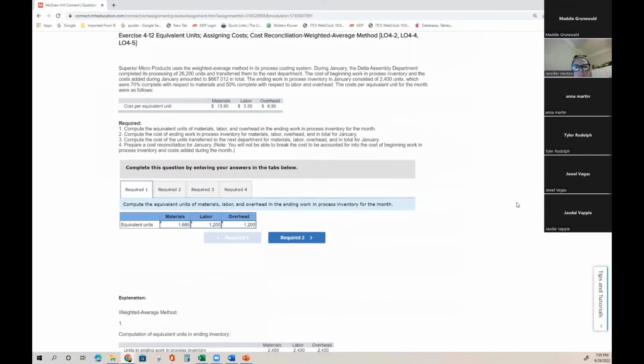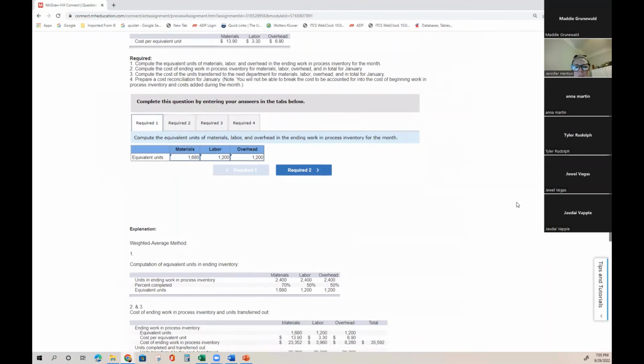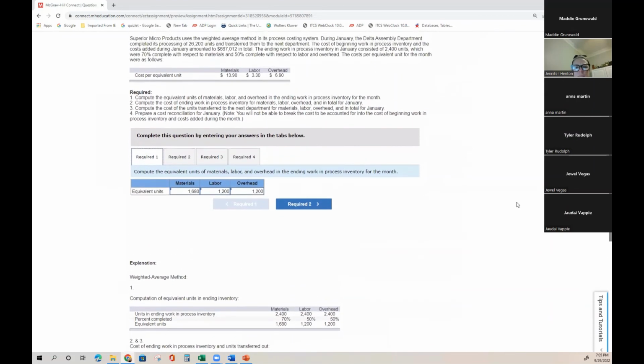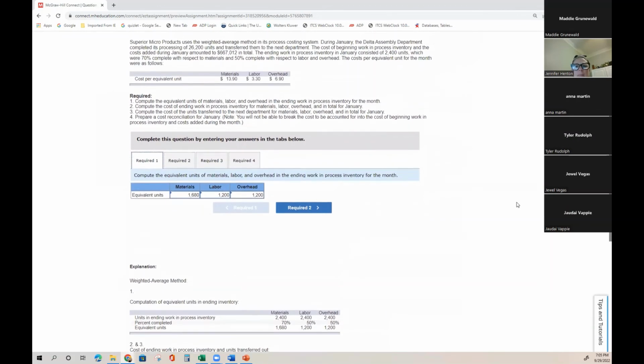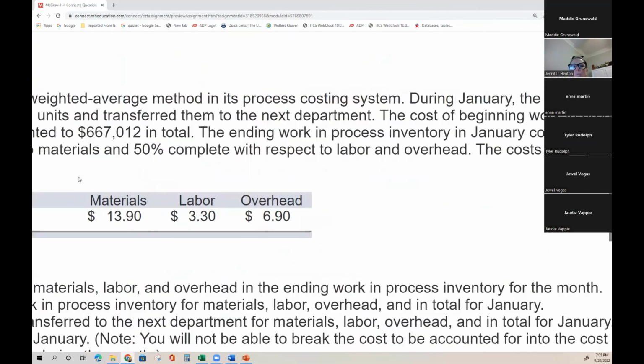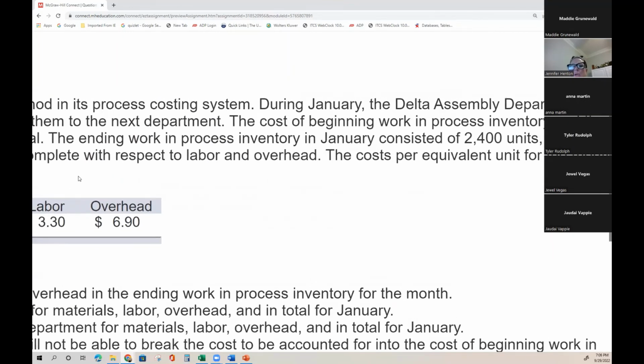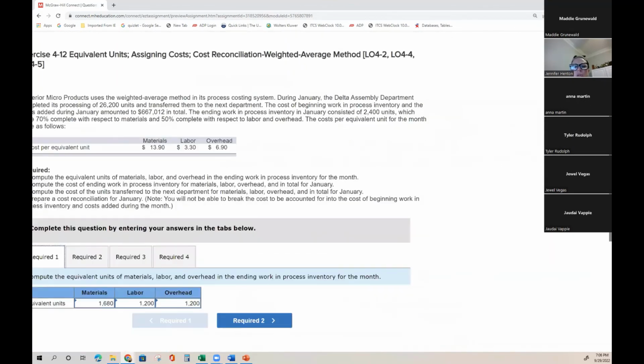So let me see if I can get this. I guess I can hide that part. All right, so how many units did it tell us it consisted of in the ending work in process? Well, right here, 2,400 units. It says ending work in process inventory in January consisted of 2,400.